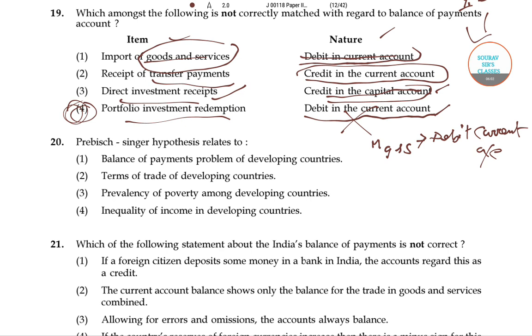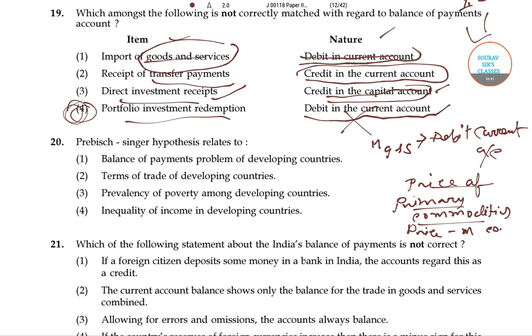He said the price of primary commodities declines relative to the price of manufacturing goods over time, which causes the terms of trade of primary product based economies to deteriorate.